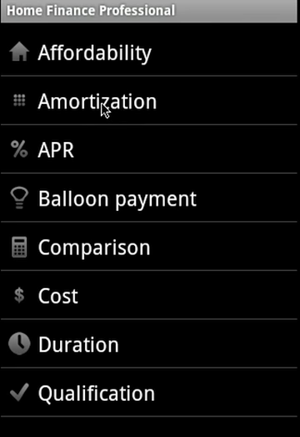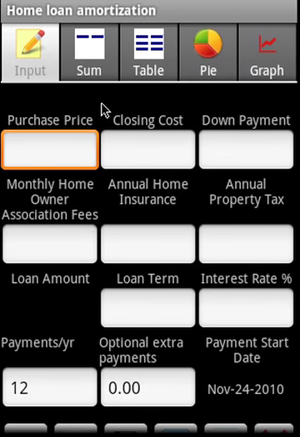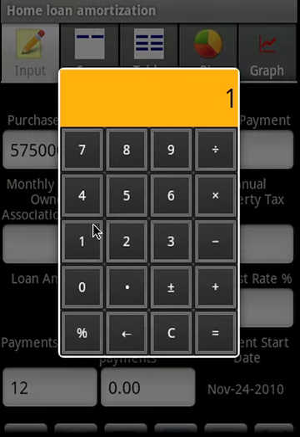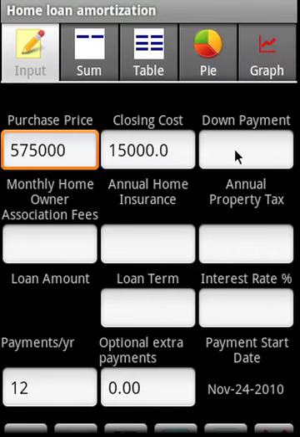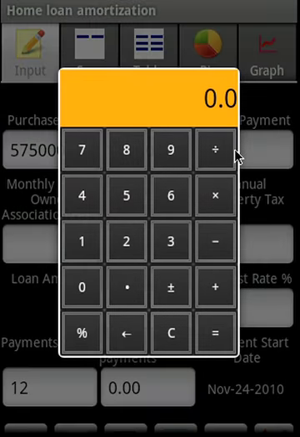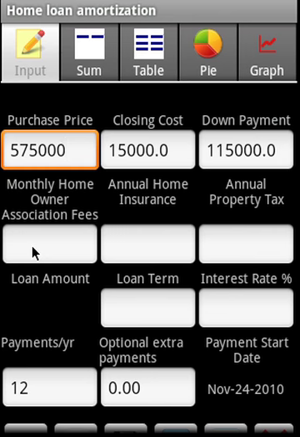Amortization, we can actually supply the purchase price, closing cost is $15,000. There is a nice calculator you can actually use to enter the data. Then down payment is 115,000. Then association fee, say it's a single unit, no association fee.